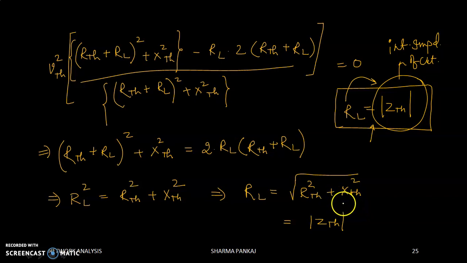This was so interesting. So we have learned that the value of RL for which there is maximum transfer of power from source to load is ZTH, the internal impedance of the circuit.